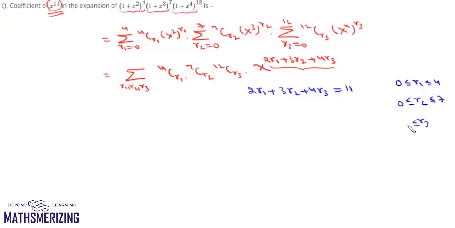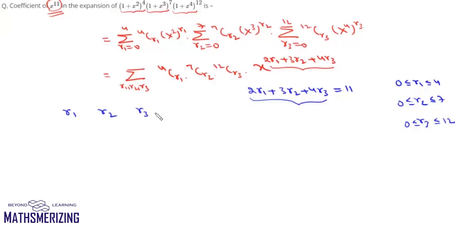And r3 lies between 0 and 12. Now we need to look at different values of r1, r2 and r3 so that this sum becomes 11.